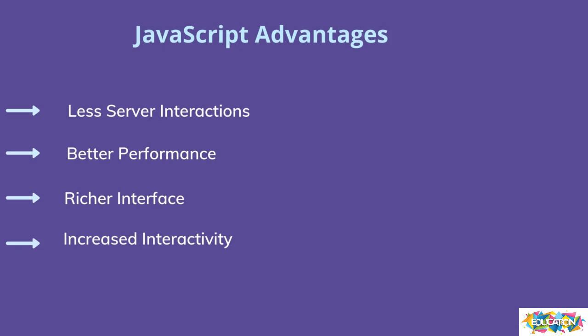Increased interactivity, that's what it means. When you create a rich interface, a more interactive interface, it will be good for the client and they will keep coming to you. So these are some key features of JavaScript. From our next video onwards, we will start with the implementation of it.